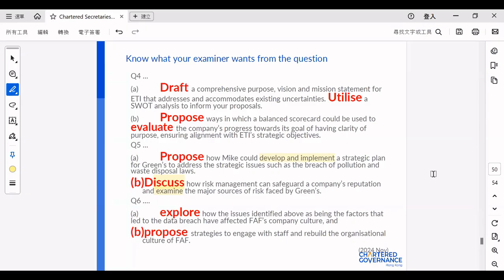When you propose a feasible plan, you have to consider the timeline, and you have to discuss how the risk will affect reputation and the sources of risk. So there are quite a number of things in here that you have to address in your answers.